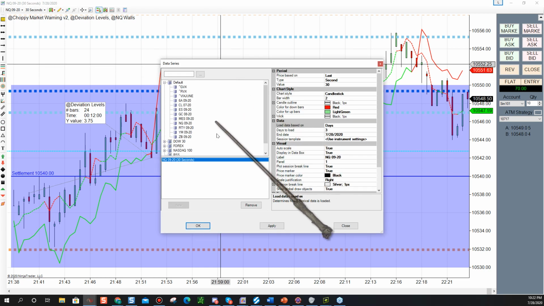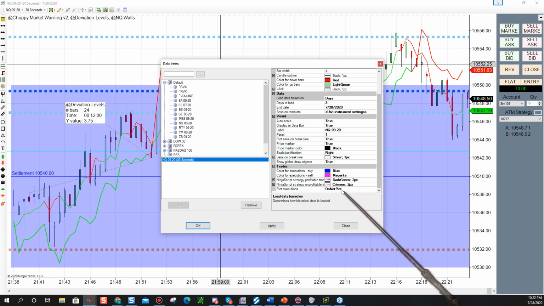Can I plot the executions on the chart? Yeah. Let's go right here, right click, go to data series, scroll to the bottom, and then turn on text and markers.